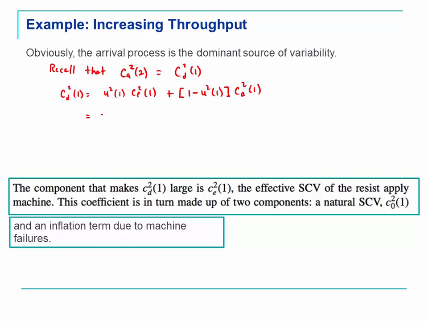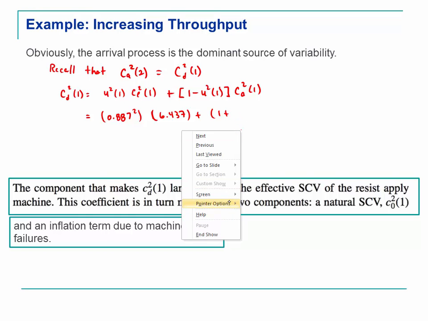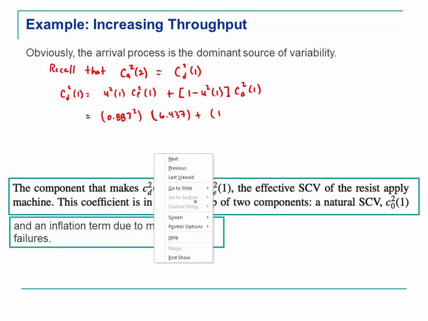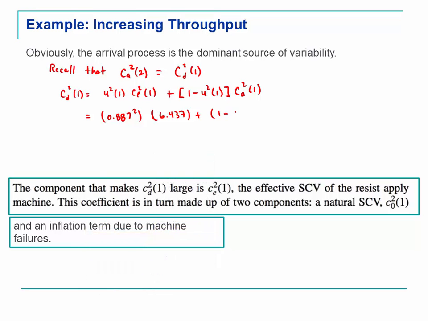And this is going to be equal to 0.887 squared times 6.437 plus 1 minus 0.887 squared times 1.